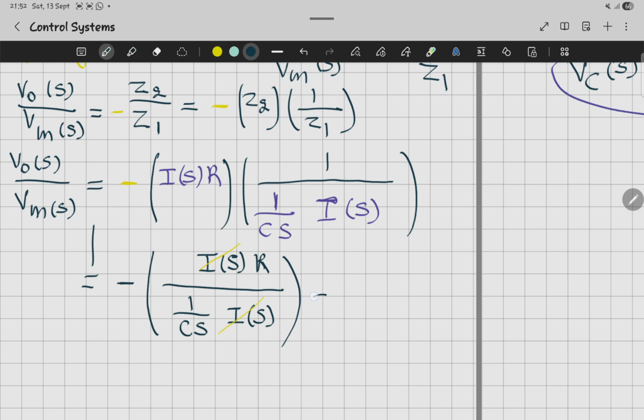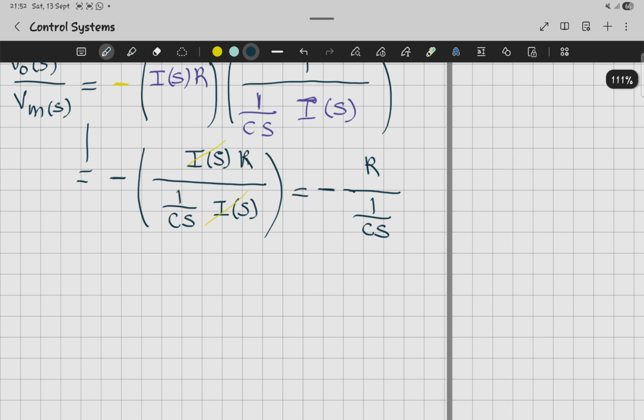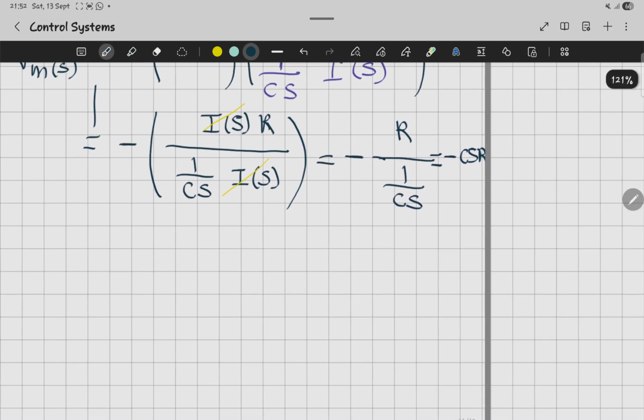So our equation is going to be negative R over 1 over CS. In mathematics, when we have a fraction over another fraction, the answer will be minus CSR.